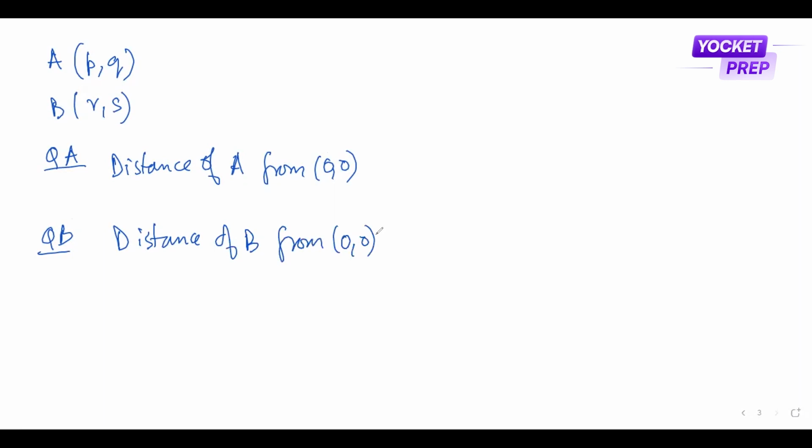Now obviously something else is also given. So it's given that p is r plus 1. So p is r plus 1. q is s minus 1. And s minus r is equal to 1. So this is given to you along with this. So you have to compare the two quantities, distance.